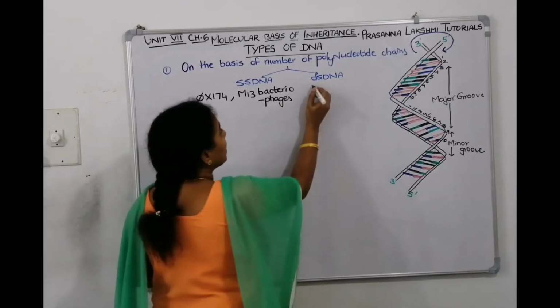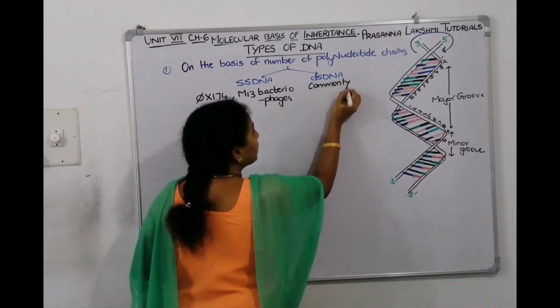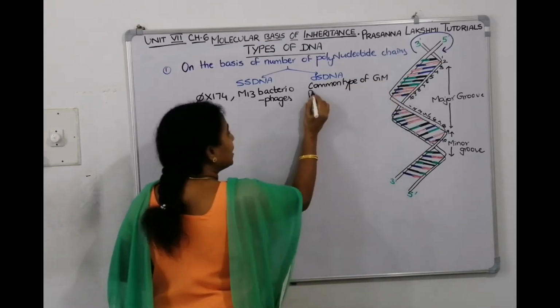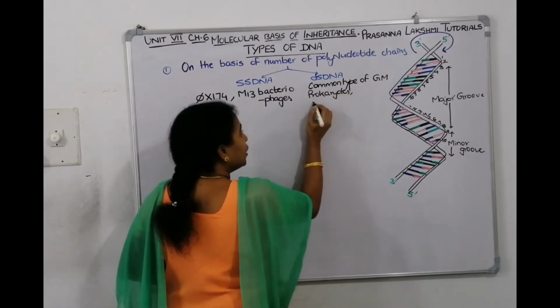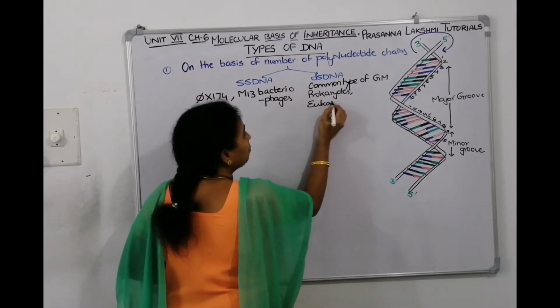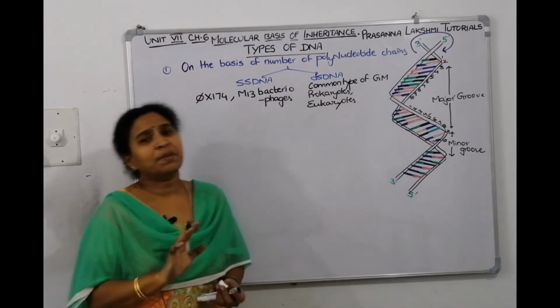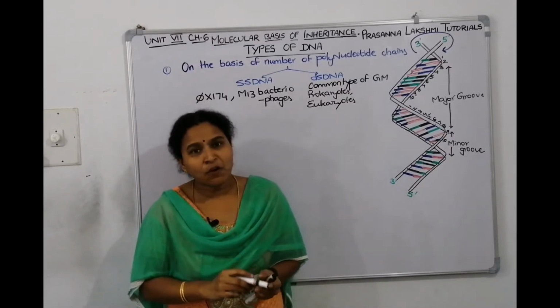So double stranded DNA is the common type of genetic material seen in prokaryotes and eukaryotes, plants, animals, bacteria, viruses. So this is one way of classifying.